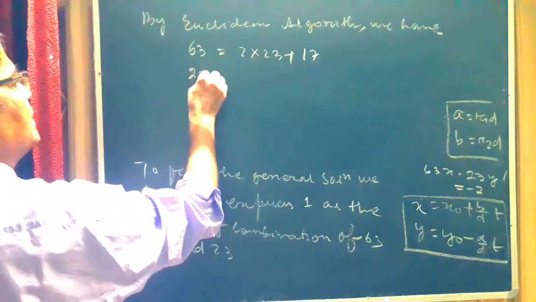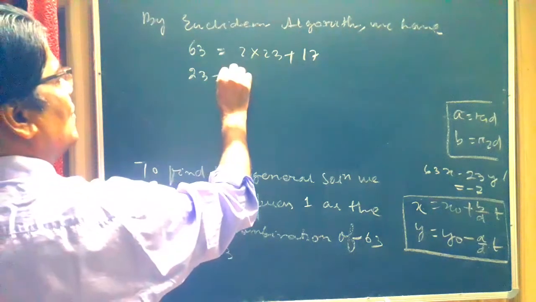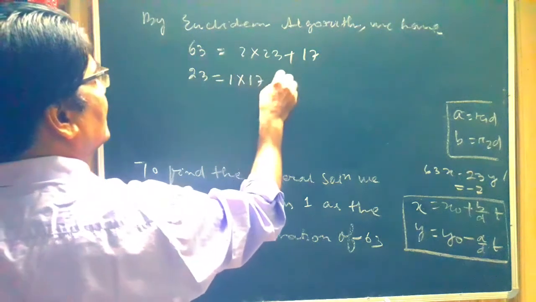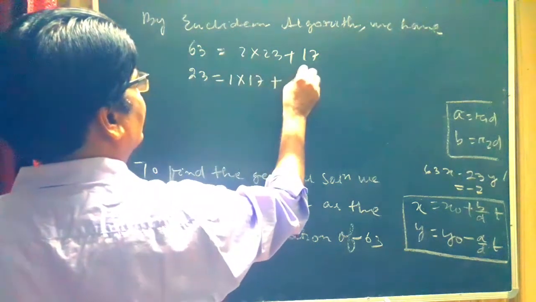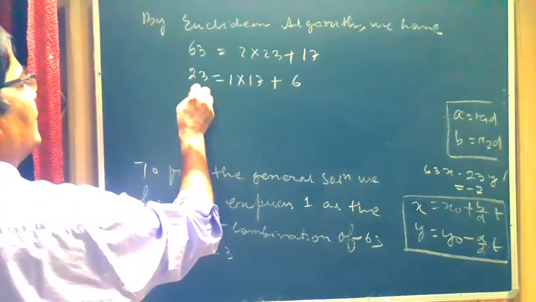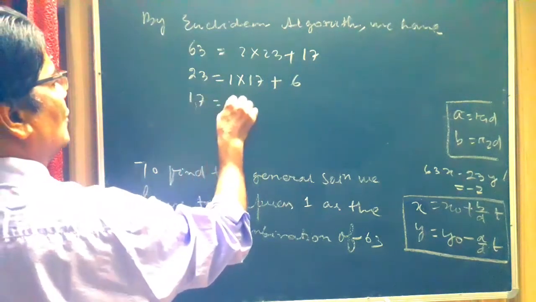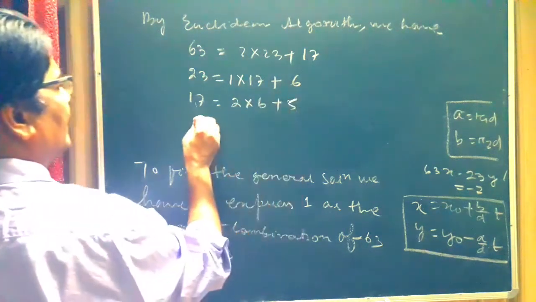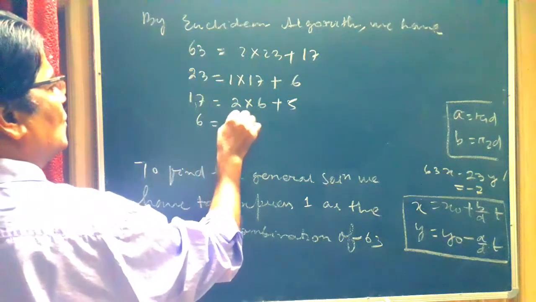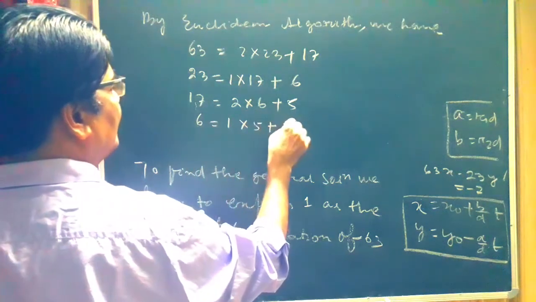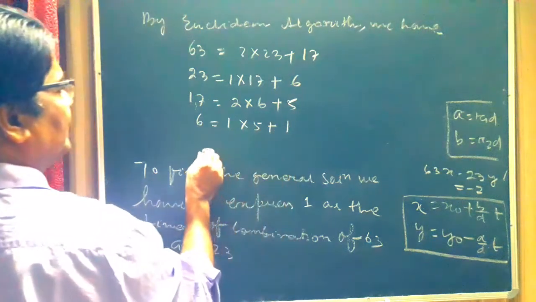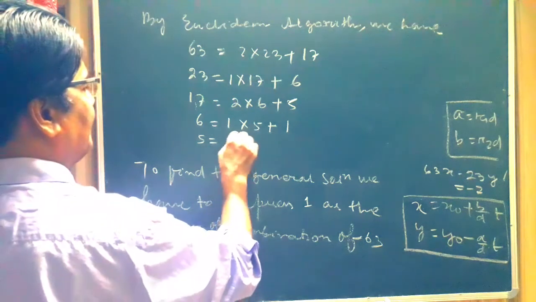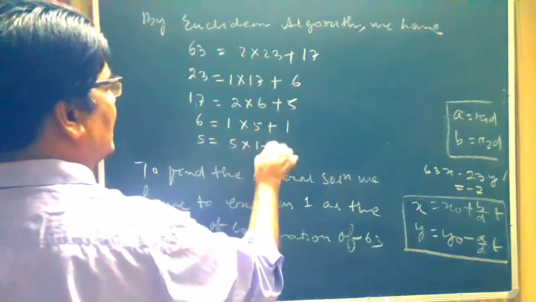Now 23 = 1 x 17 + 6. Now 17 = 2 x 6 + 5. Now 6 = 1 x 5 + 1. Now 5 = 5 x 1 + 0.